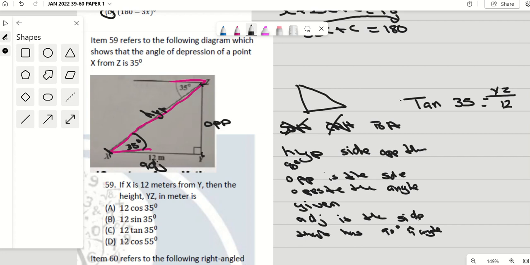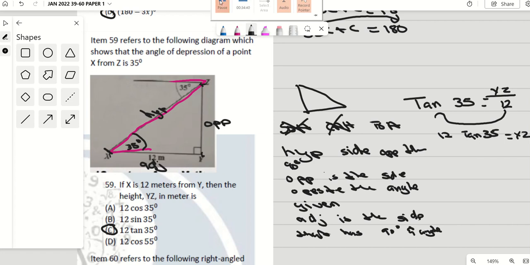So we want YZ as the subject because they told you to find out YZ. If we make YZ the subject, you carry this across and get 12 tan 35, because the alternate of divide by is multiply. Do you see 12 tan 35? Yes. So C is your answer.